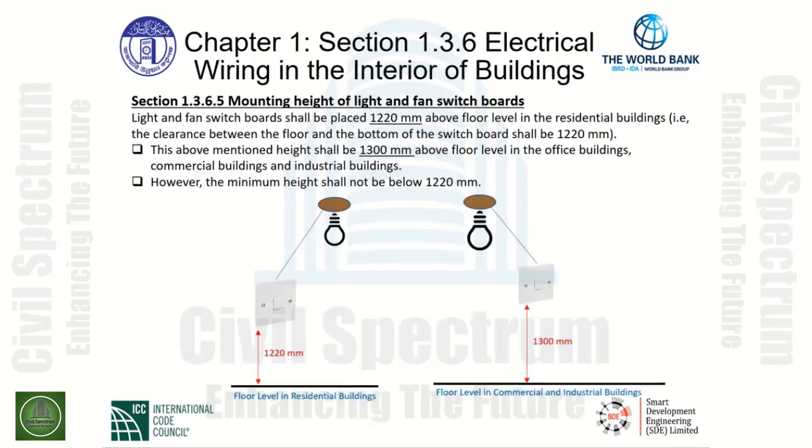Mounting height of light and fan switchboards. Section 1.3.6.5 provides the requirement that light and fan switchboards shall be placed 1,220 millimeters above the floor level in residential buildings.